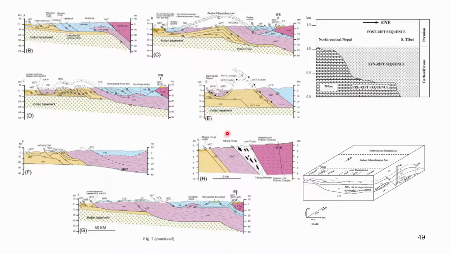This complexity basically explains how the fracturing and folding take place in this region. You can also see the north central and the Tibetan plate, how the two plate materials are present, illustrated in a simple form.